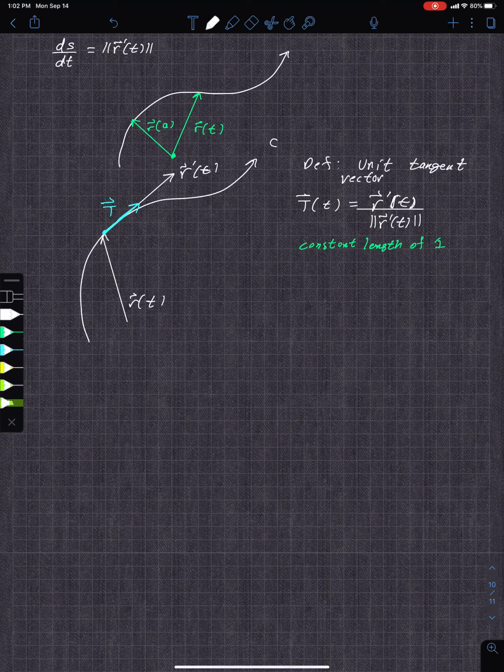Okay. The next definition has to do with that.